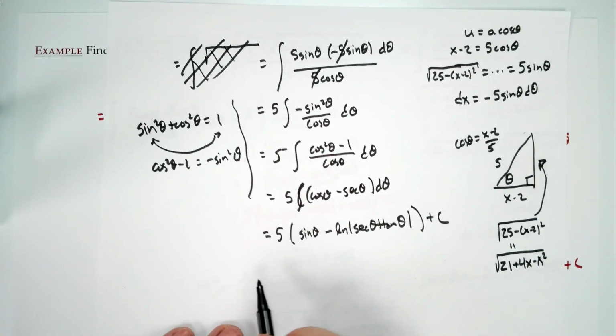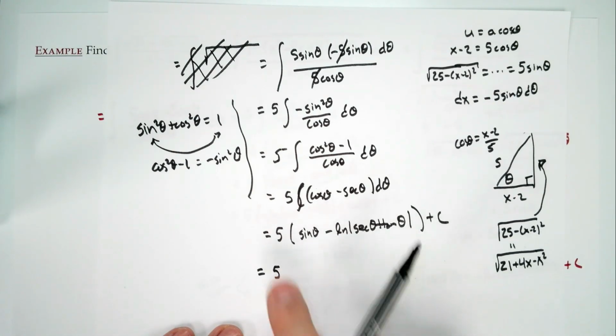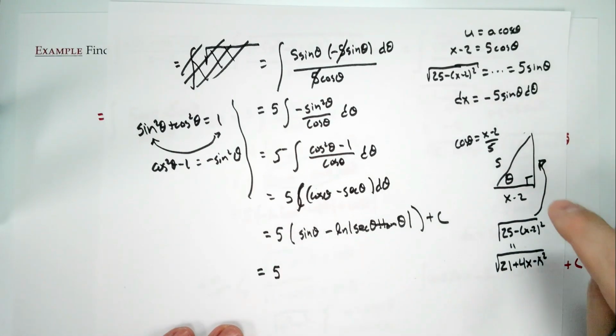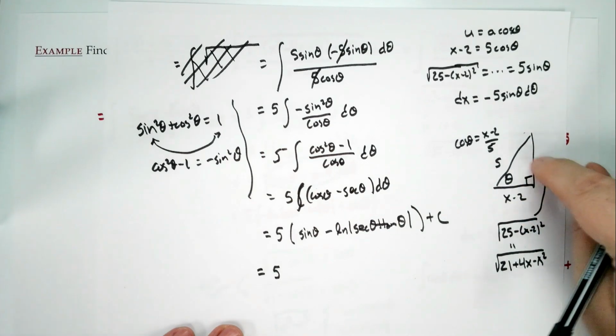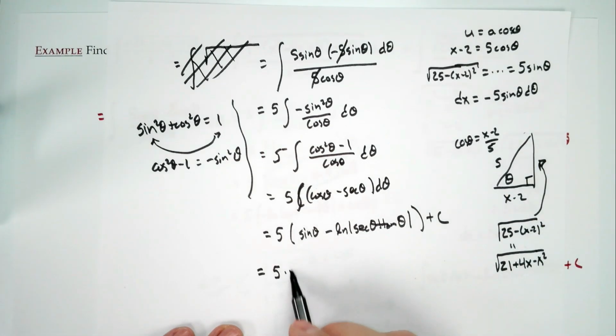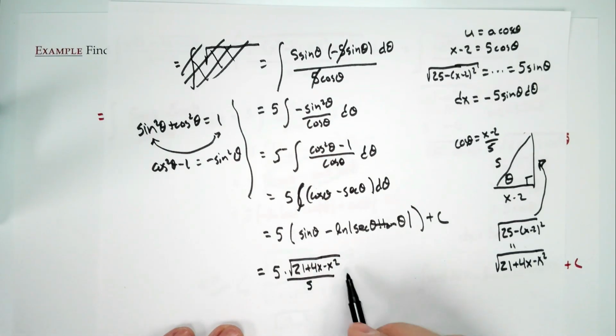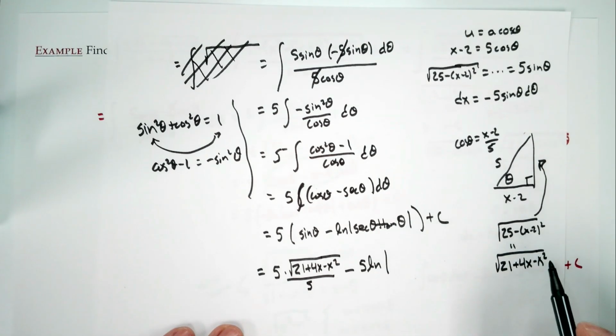So we're almost there. So what do we have? We have 5 times sine of theta. Sine of theta is opposite over hypotenuse. So square root of 21 plus 4x minus x squared over 5. Minus 5 times the natural log of secant.